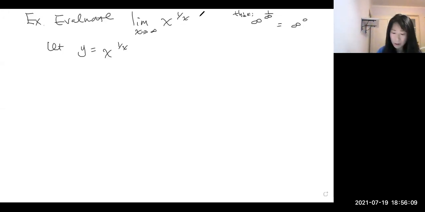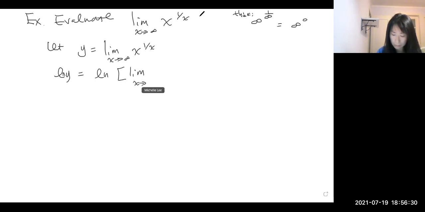I want to say the whole thing, limit. Okay, let's take the ln y. This technique, we know that, right? Then we bring down the power. That's why we need to take the ln, right? So let us do this.